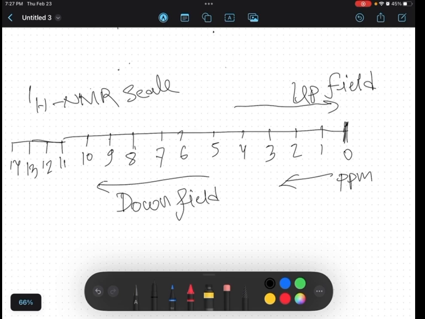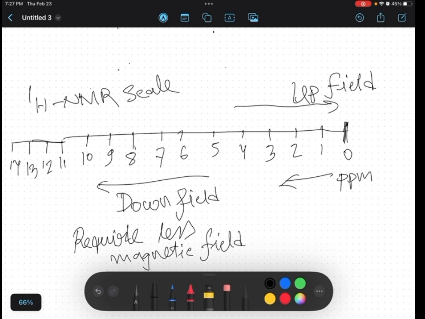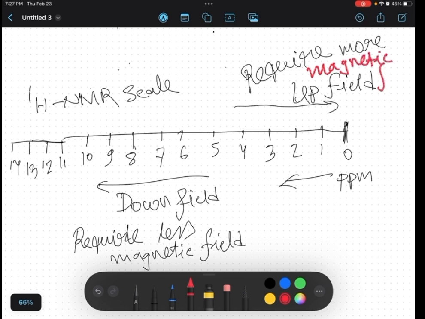That means downfield requires less magnetic field, and upfield requires more magnetic field. So this is the scale.